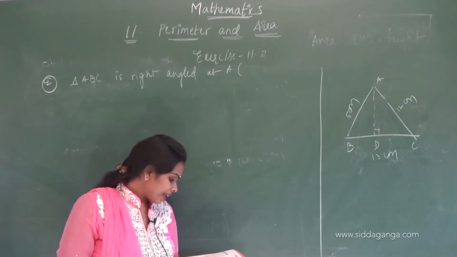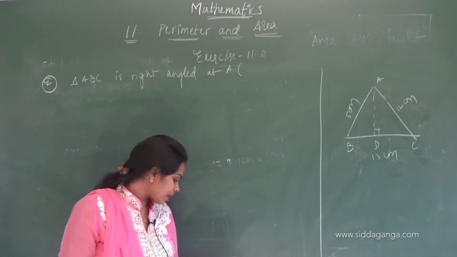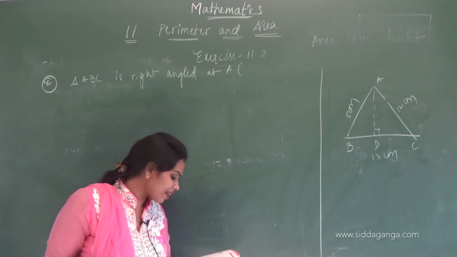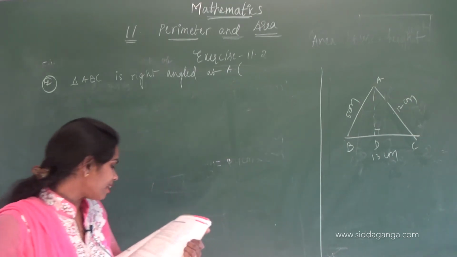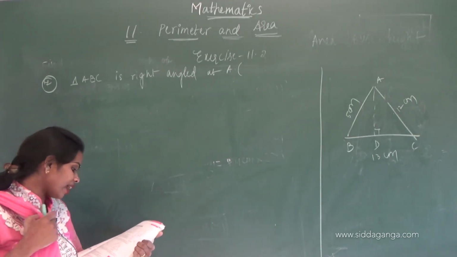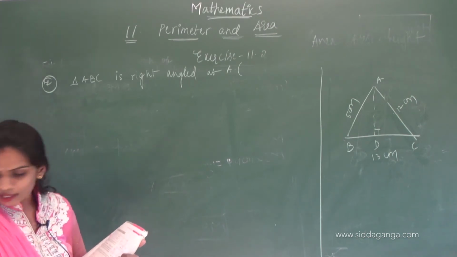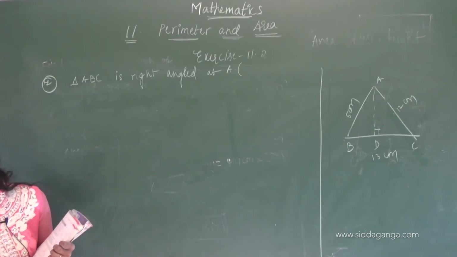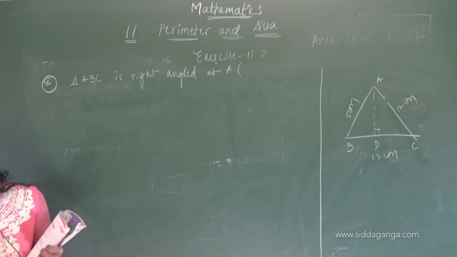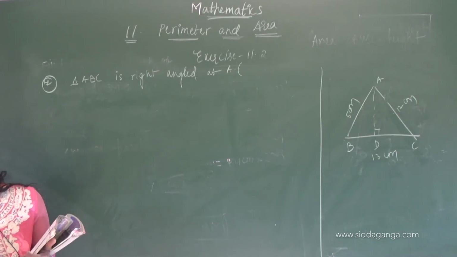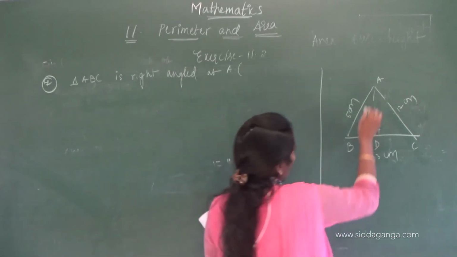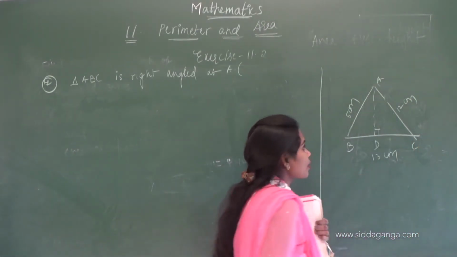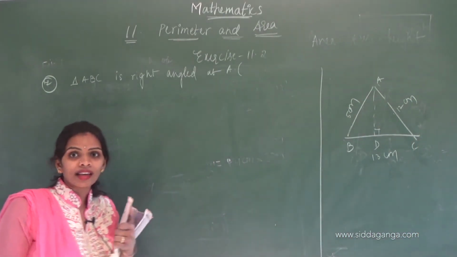They have given AB equals 5 centimeters, BC equals 13 centimeters and AC equals 12 centimeters, and we have to find the area. Area is half into base into height, so I am taking AB and AC as the respective sides and finding the area here.